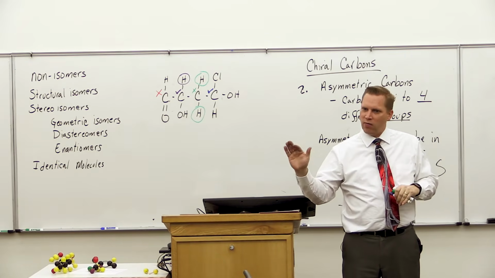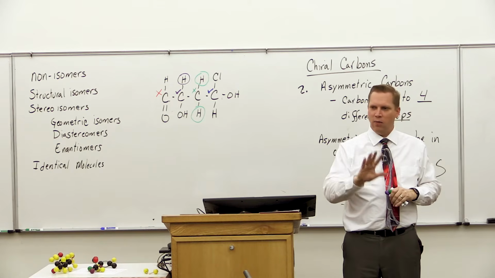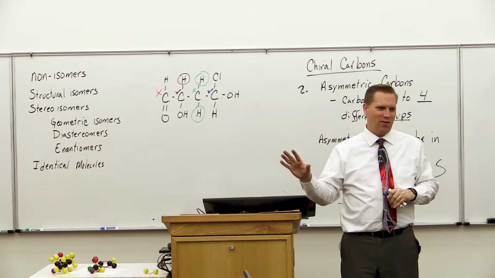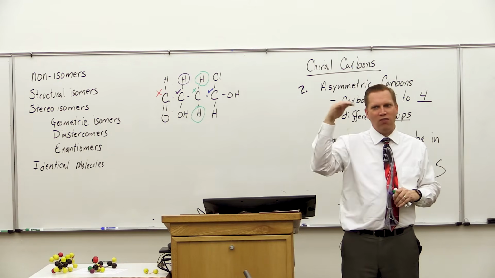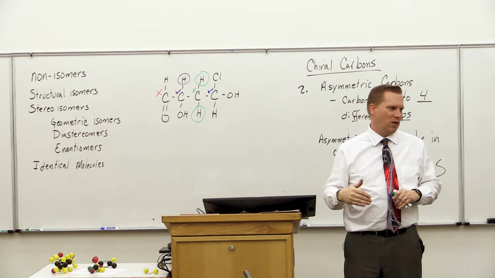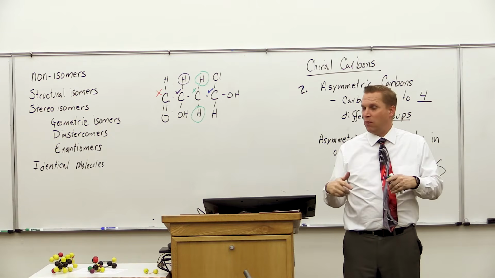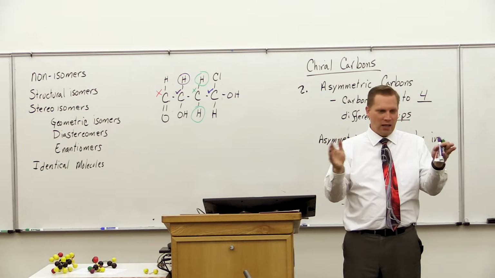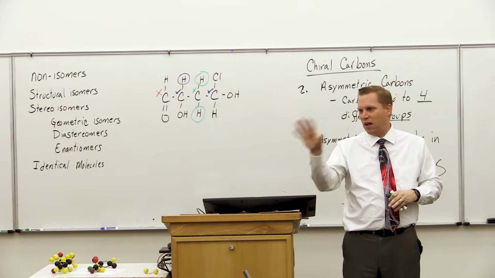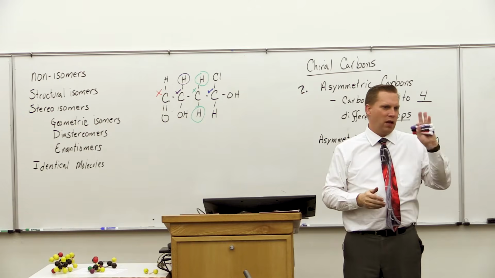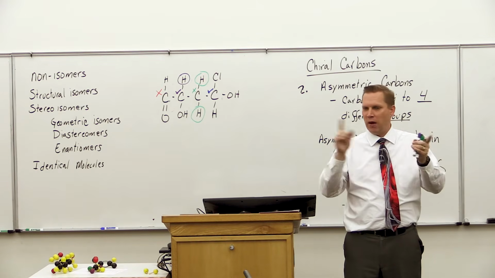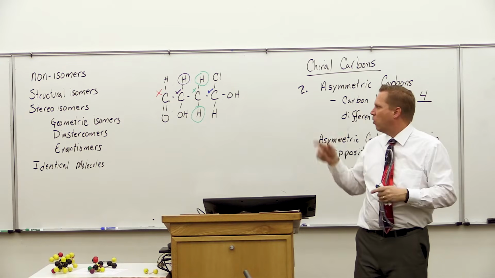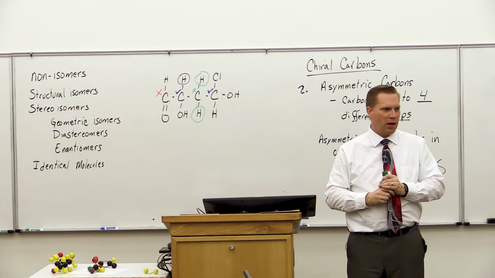And then stereoisomers can further be divided into geometric isomers, diastereomers, or enantiomers. And then we've learned several questions that we can ask to determine what the relationship is. And so we just go through that process of steps, and we analyze the molecules in front of us. We identify the asymmetric carbons. We identify double bonds if there are any, and compare and contrast them to come up with an answer to the question of what is the relationship between that pair.